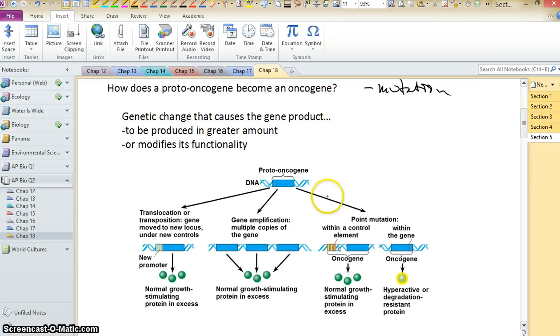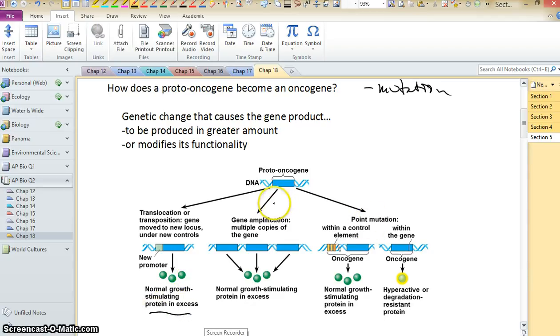These proto-oncogenes code for proteins that control the cell cycle. If a copy of them, or the gene itself, is moved to a new location in the genome and is being expressed at times when you don't want to express it, that can promote uncontrolled cell division.